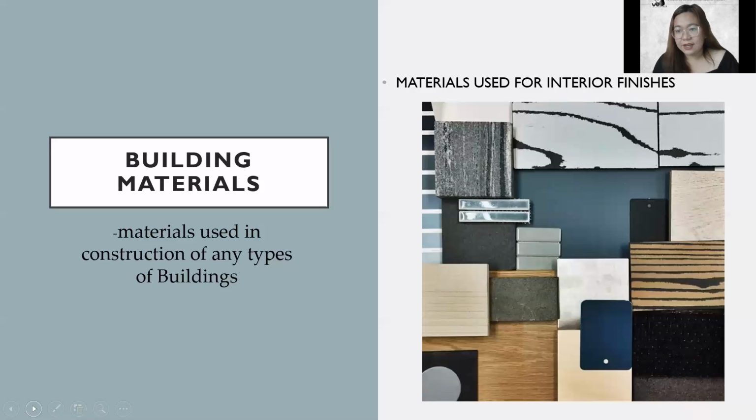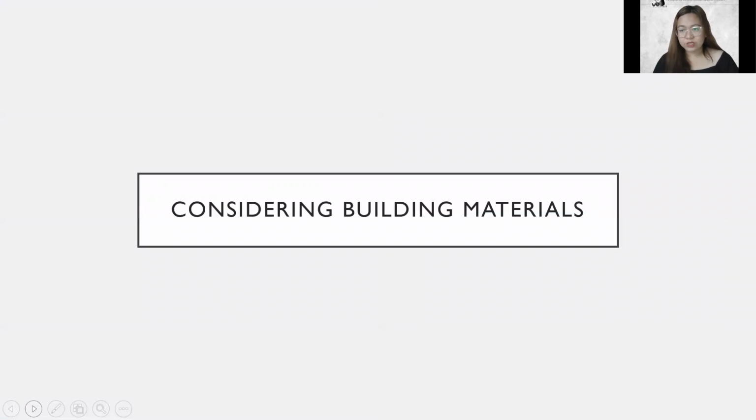Yun ay pag-aaralan natin. So before we proceed with a particular type of material, pag-aralan muna natin how do we consider building materials? Paano ba natin pinipili yung building materials natin? Because we're architects, one consideration is we want it to be aesthetically good, o maganda siya tingnan.